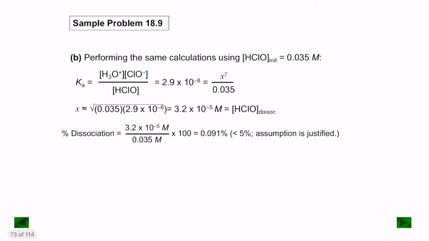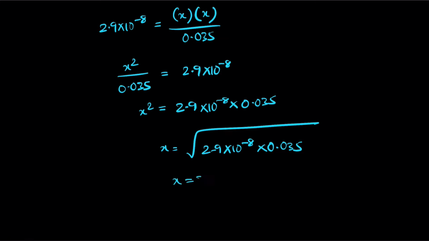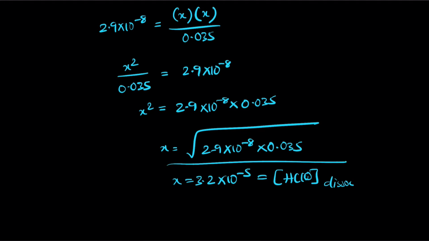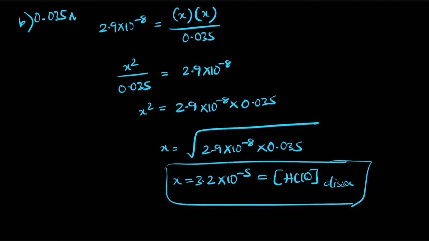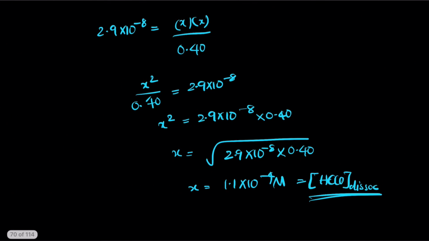When calculated, it becomes 3.2 times 10 to the power negative 5, which is also equal to the amount of dissociated HClO. So these are the two values. This is B, when the concentration is 0.035 M HClO, and this is A, which is 0.40 M HClO.